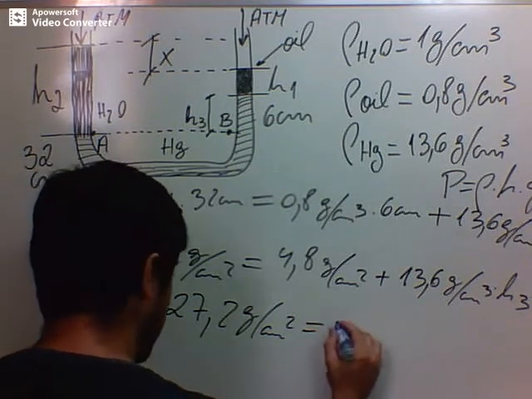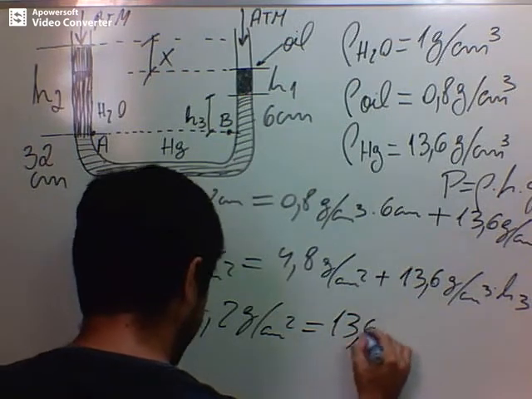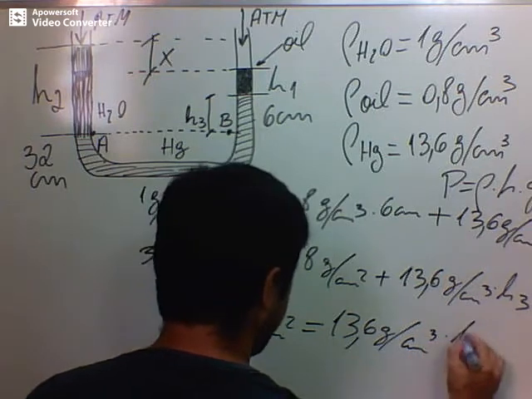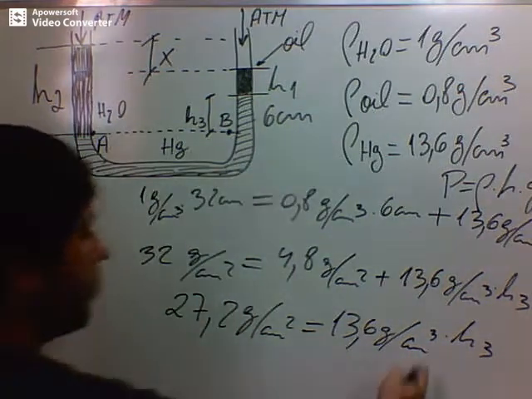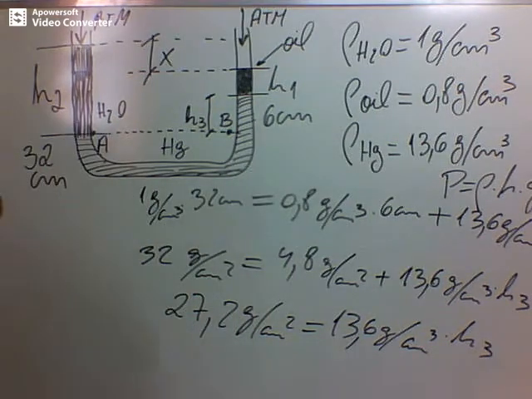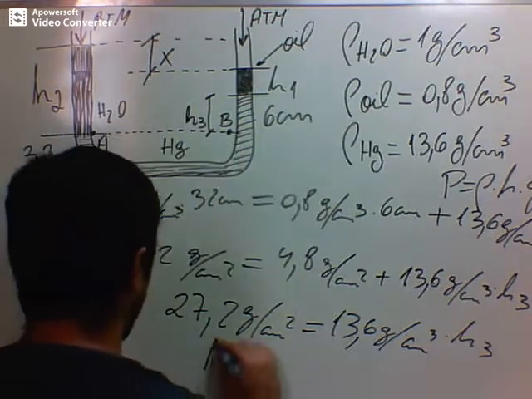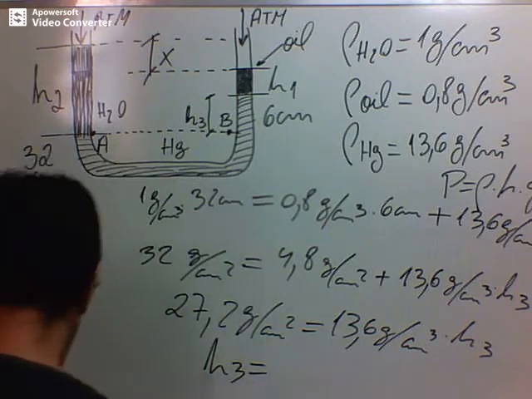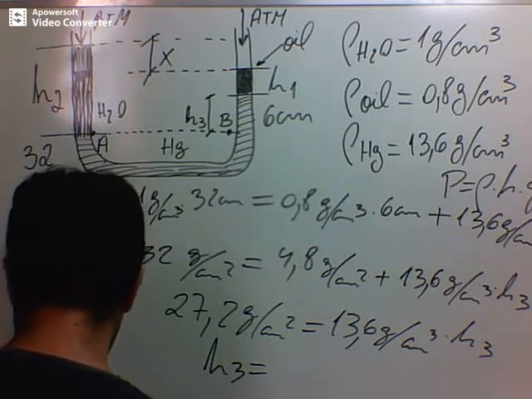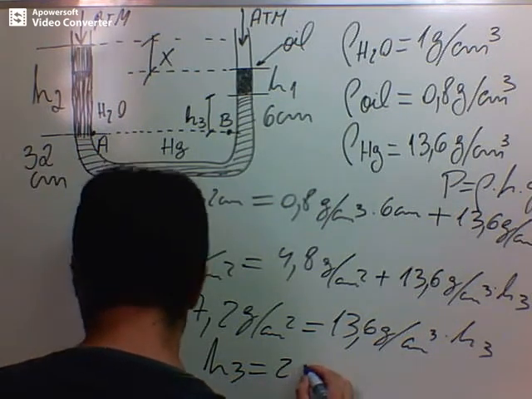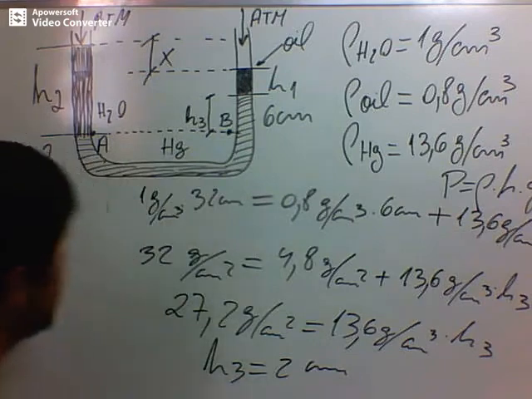Which is going to be equal to 13.6 grams per cubic centimeter times H3, and I'm going to pass this number dividing to get H3. So we are going to know that H3 is equal to 2 centimeters.